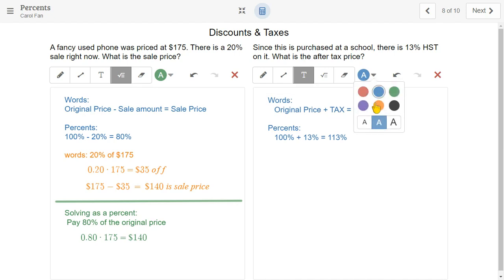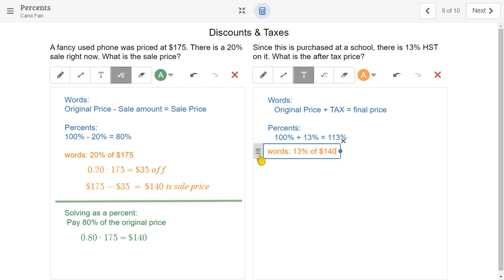Okay, let's solve this first as words. 13% of 140. So, we're taking the sale price.